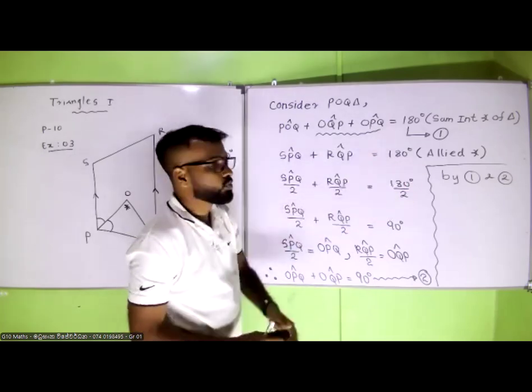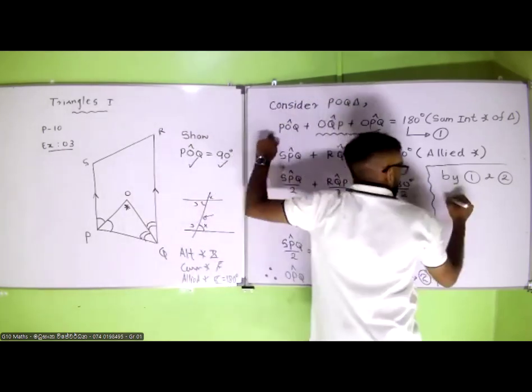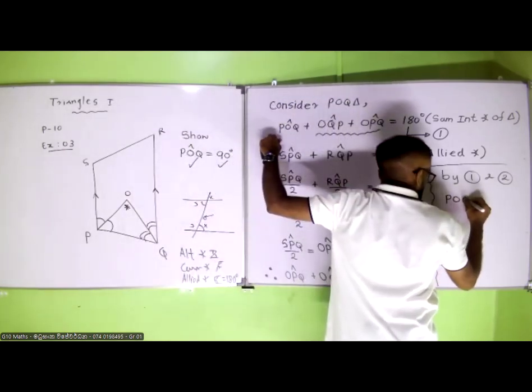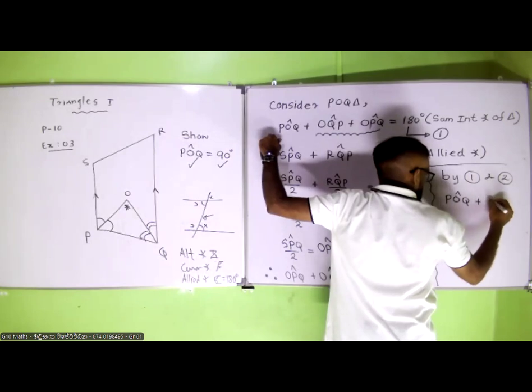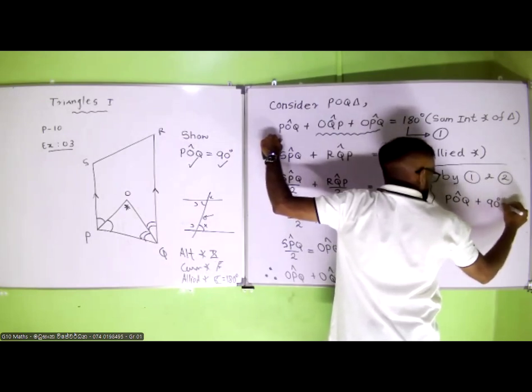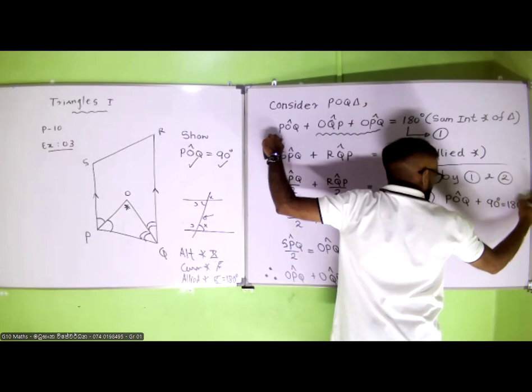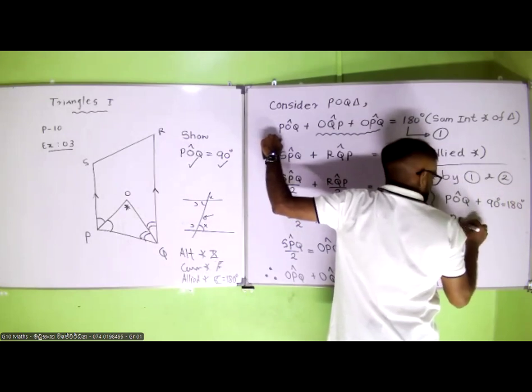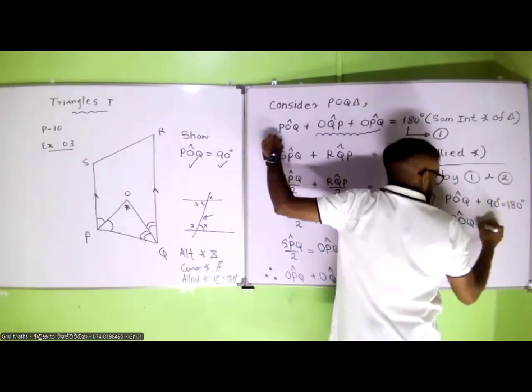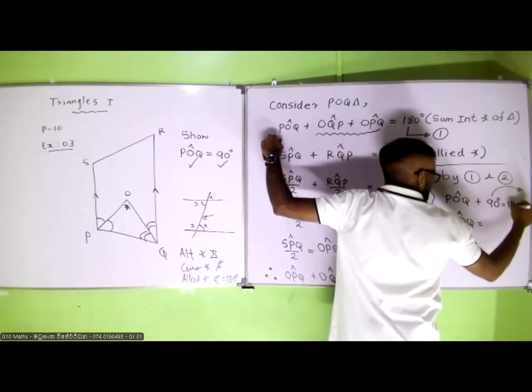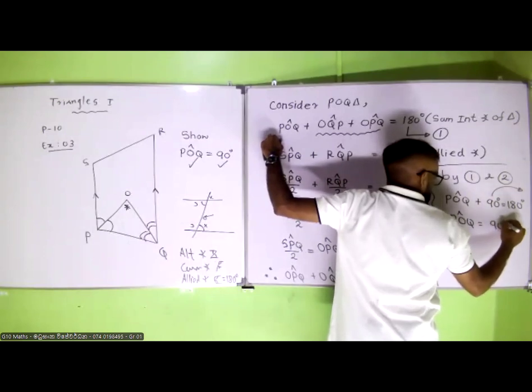by 1 and 2, you can say POQ angle plus 90 degrees equals 180. So POQ angle, take this 90 to the other side, get the subtraction, you can say this is 90 degrees.